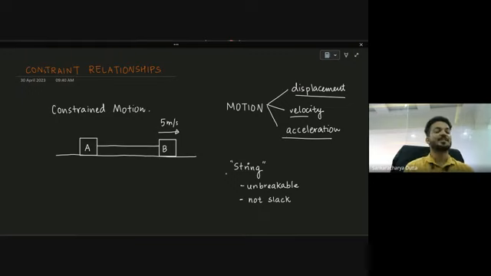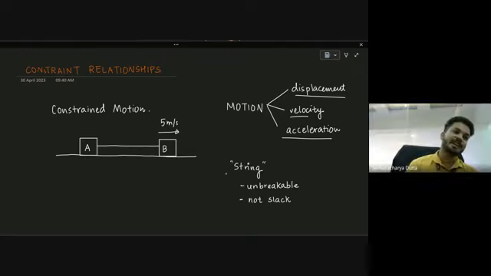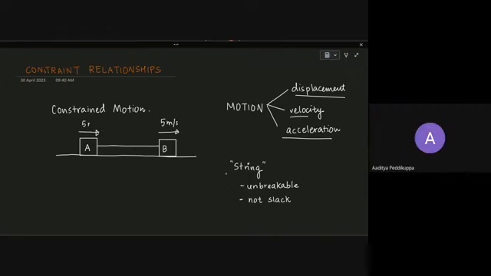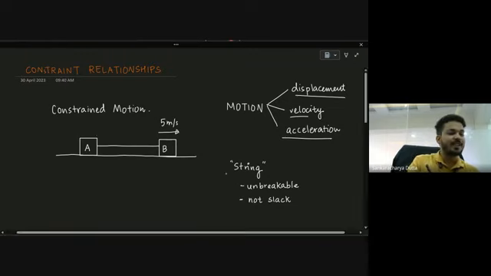So if B block is moving with 5 meters per second, find out the velocity of block A. 5 meters per second. Does everyone agree with me when I say block A is traveling with 5 meters per second? Yes, sir. Okay. Because imagine if block A was traveling with 2 meters per second.